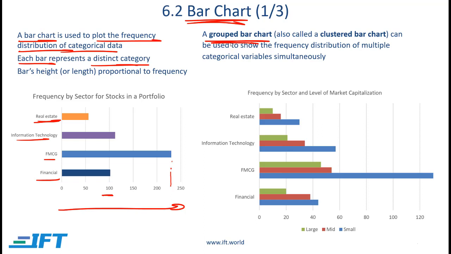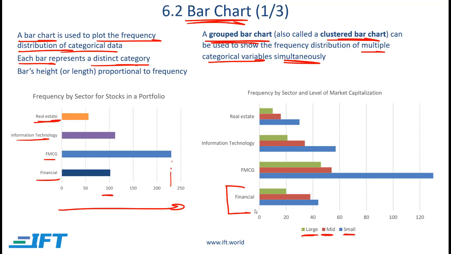A grouped bar chart, which is also called a clustered bar chart, can be used to show the frequency distribution of multiple categorical variables simultaneously. So for example, if within the financial sector we know that we have these 100 stocks, but we also want to understand how many stocks are large cap, how many are mid cap, and how many are small cap, we can present that information using different colors.